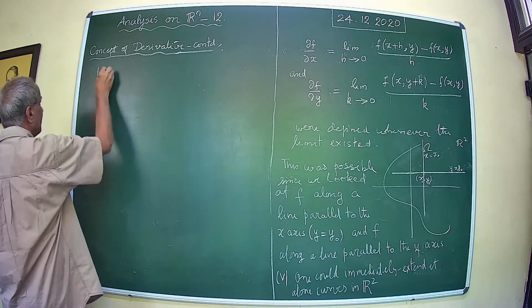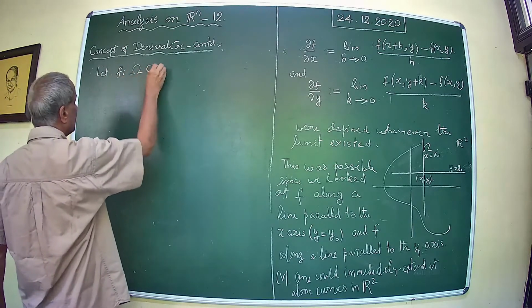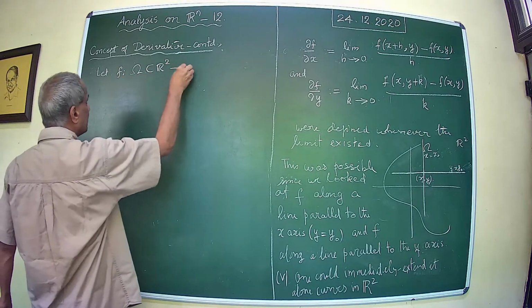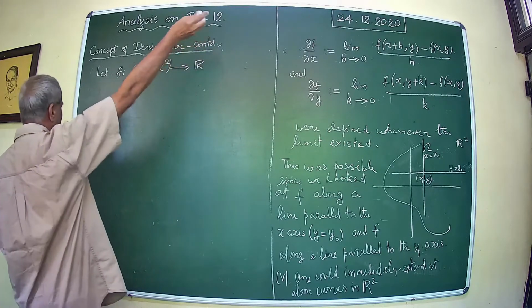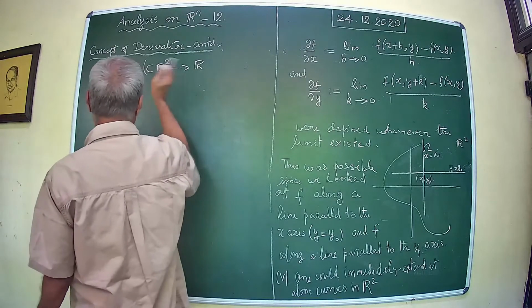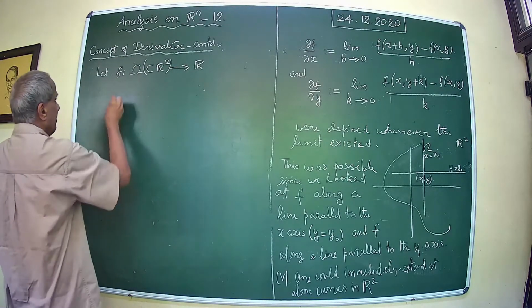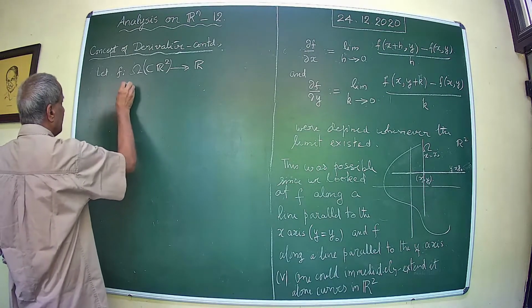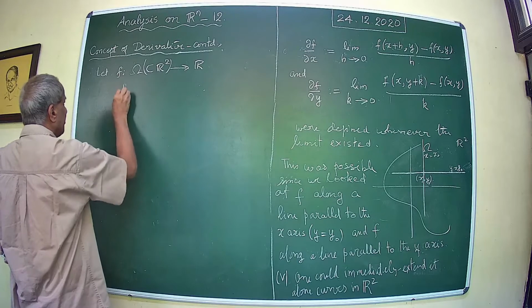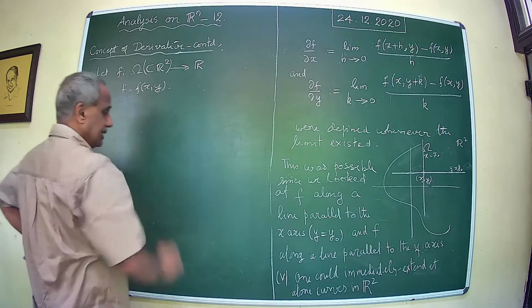Let f be defined on omega and extend it to the axis. There is no problem, but let us look at this. Then we define y equal to f of x, or z equal to f of x.